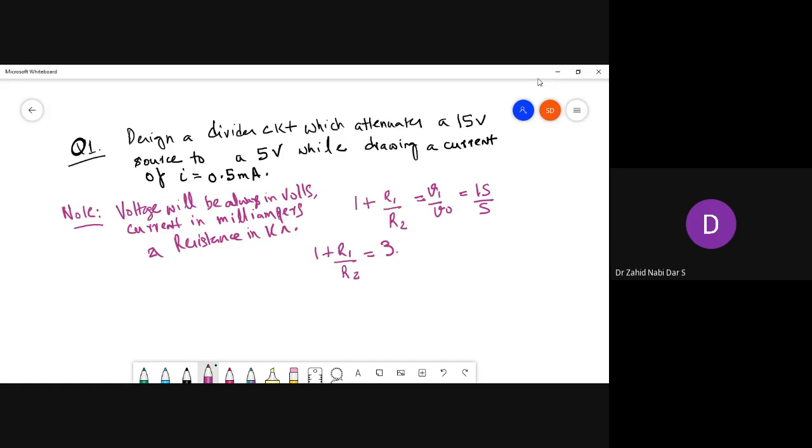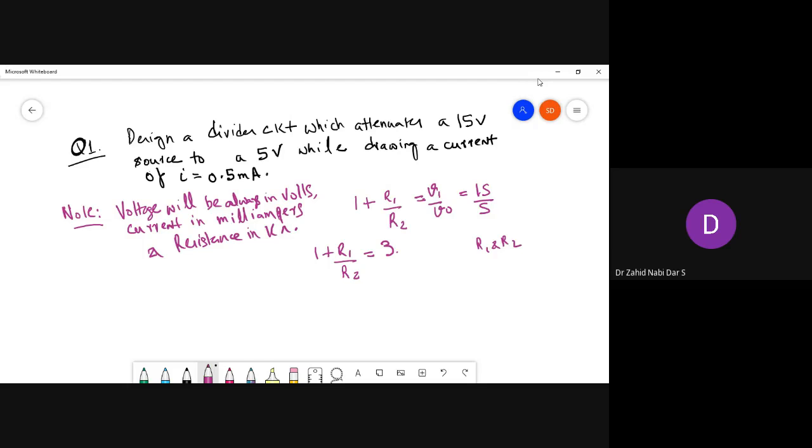The second thing: from this very equation, what inference do you make while drawing? Design a divider circuit which attenuates a 15-volt. Basically, what you need is the value of R1 and R2. So that is what it is asking.